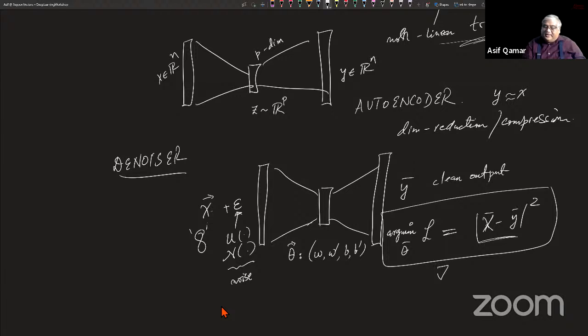You can apply gradient descent to it. And so what you will end up with is something very interesting: a noise filter. This autoencoder will act as a noise filter, because once you have trained it, you can give it a noisy picture and it will clean it out.